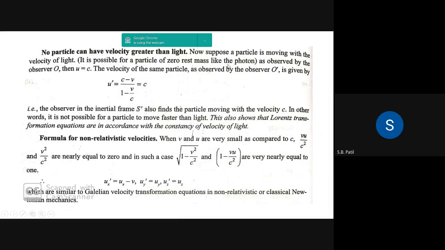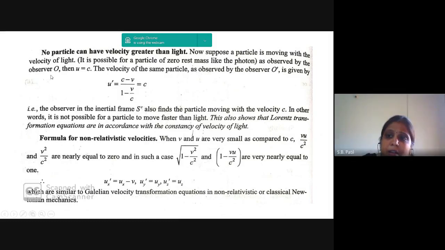This particle can move with the velocity of light as observed by the observer O, who is seated at the origin of the S frame.